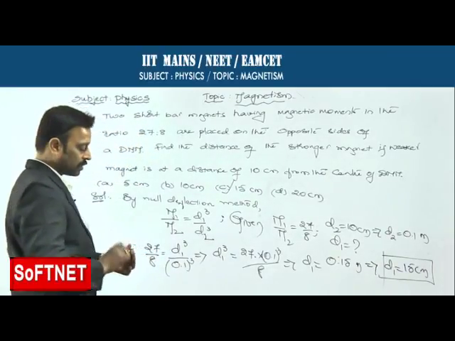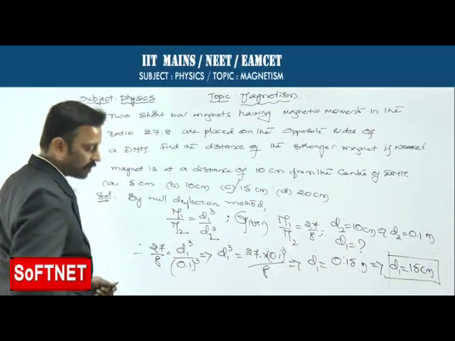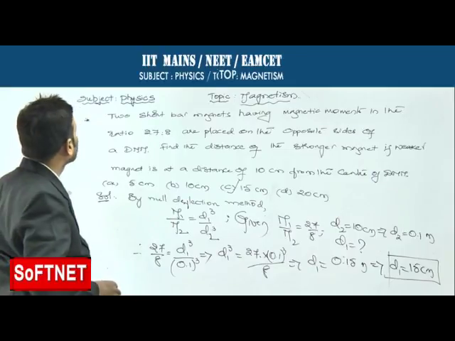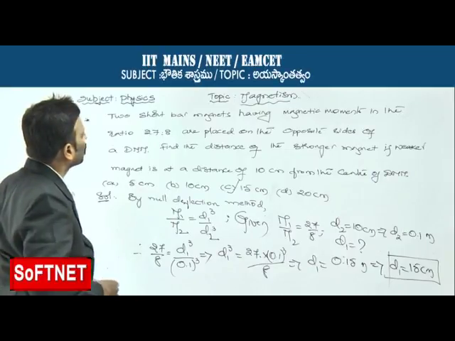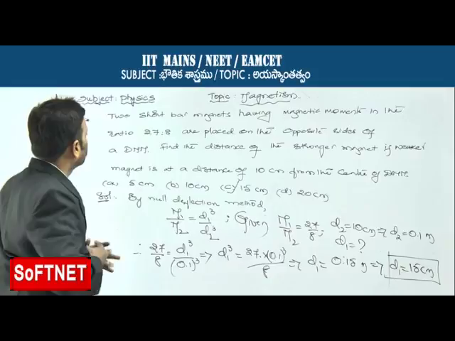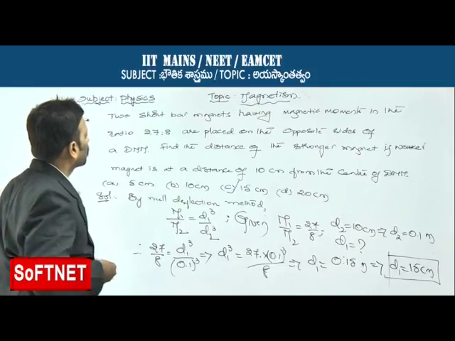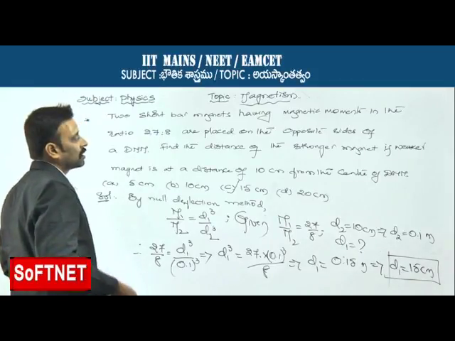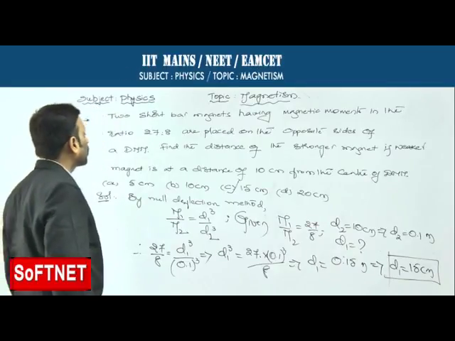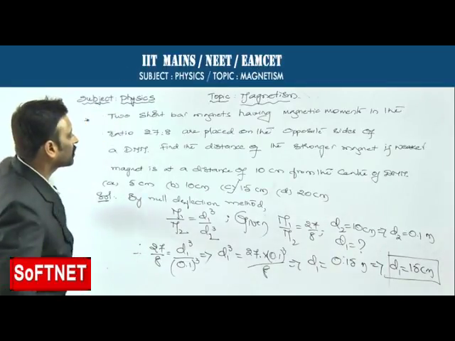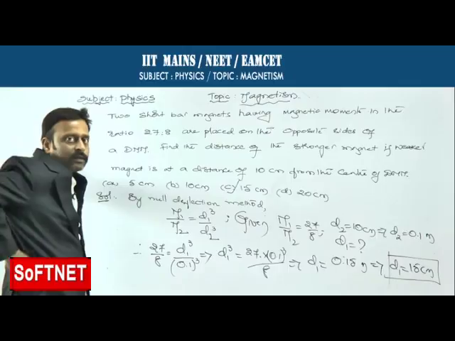Repeating the problem once again. Two short bar magnets having magnetic moments in the ratio 27:8 are placed on the opposite sides of a deflection magnetometer. Find the distance of the stronger magnet if the weaker magnet is at a distance of 10 centimeters from the center of the DMM.